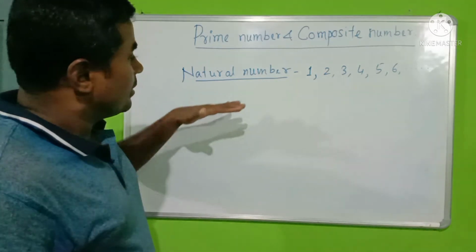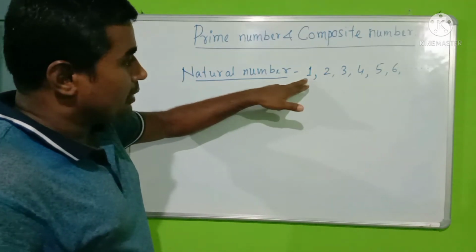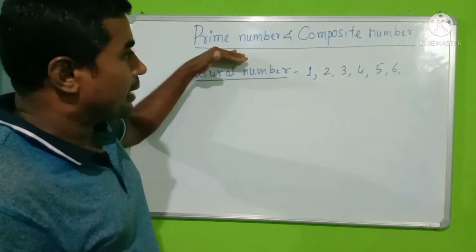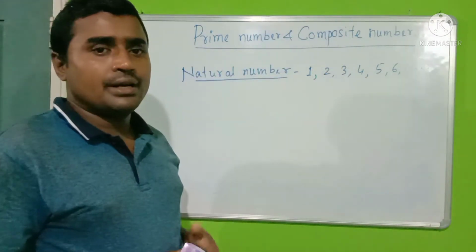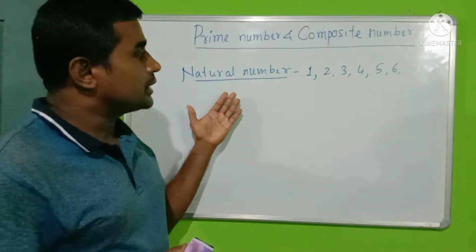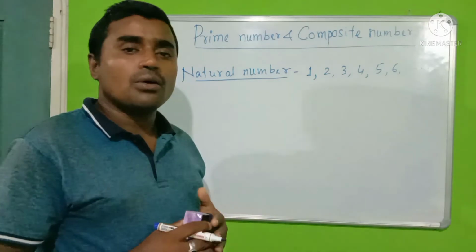Now, except one, all the natural numbers are either prime numbers or composite numbers. Now, we have to identify which are prime and which are composite.